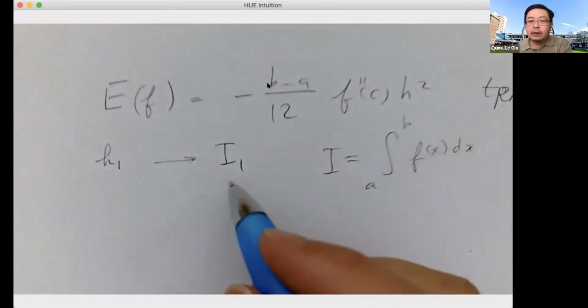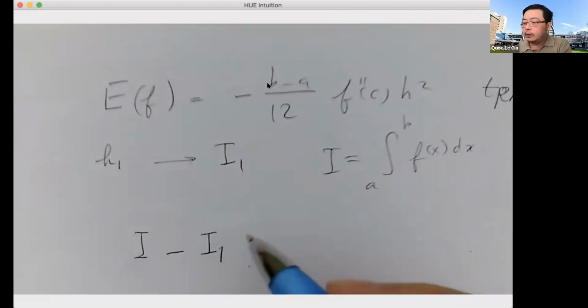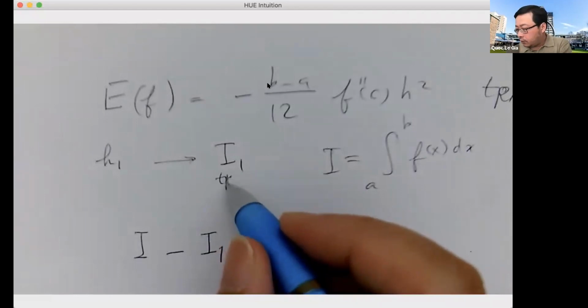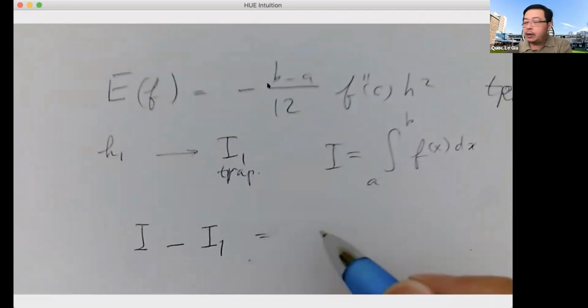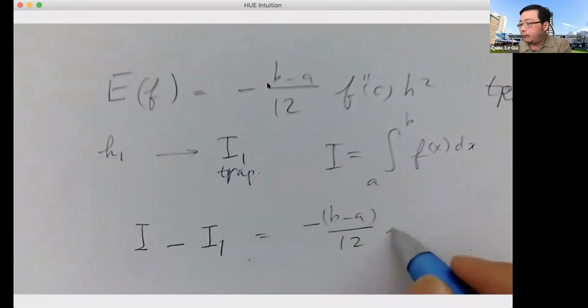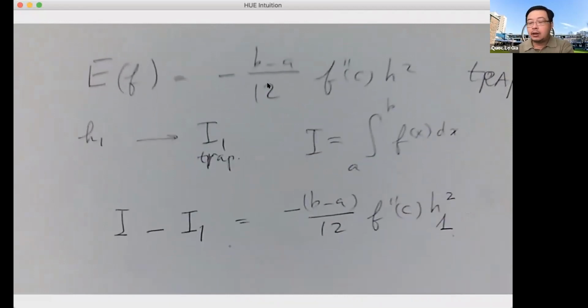If I take the exact integral minus the quadrature, for the trapezoidal rule, then by the formula it will be minus (b minus a) over 12 f double prime of c h square, where h1 is the step size I chose. So I got this formula.